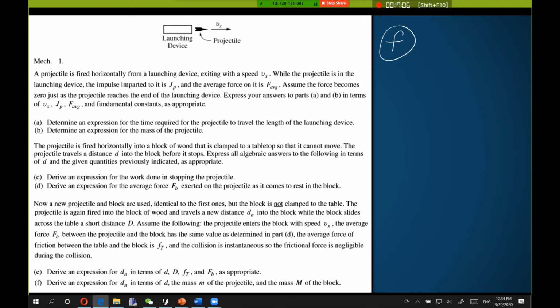So what's my momentum equation? Okay, m v_x equals... Okay, cool. So I'm going to solve for v.